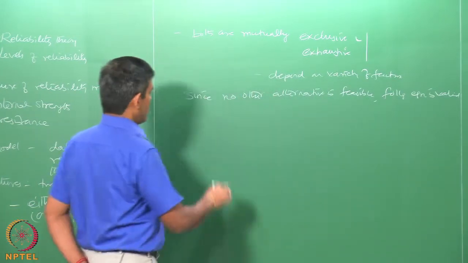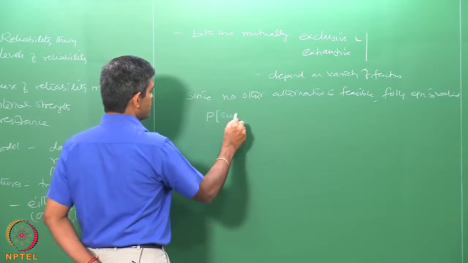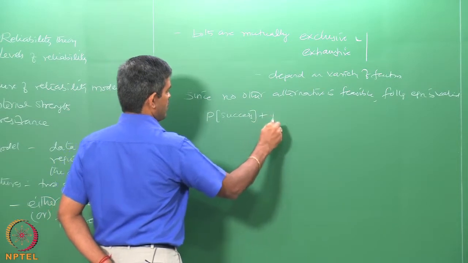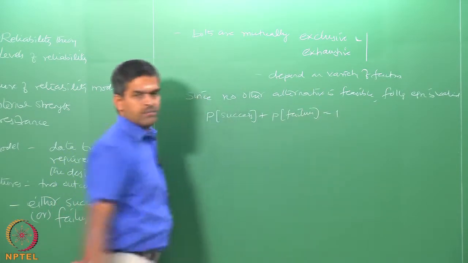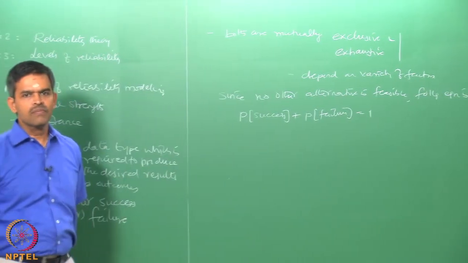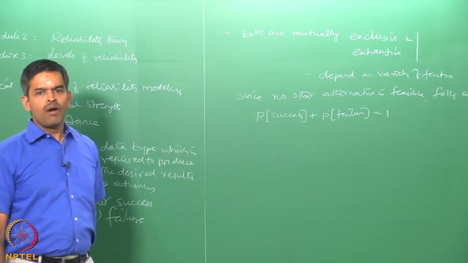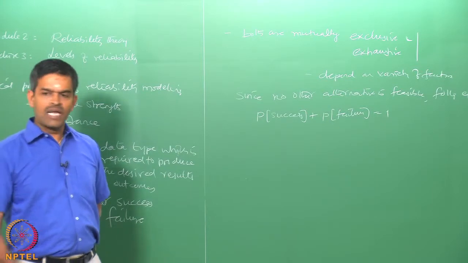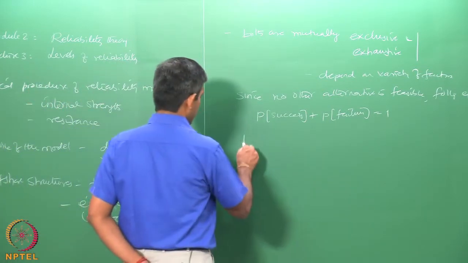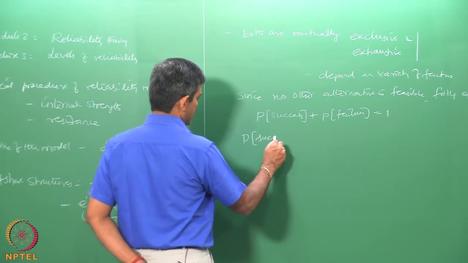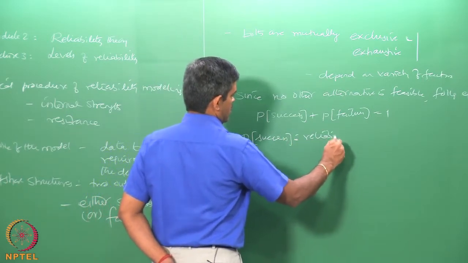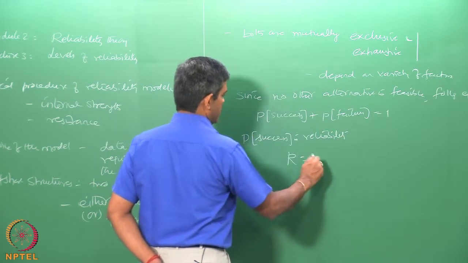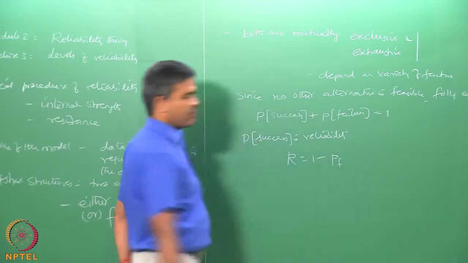That is, for a given system, probability of success plus probability of failure should be 1. Probability of success of the structure is reliability. Therefore, reliability is 1 minus probability of failure.